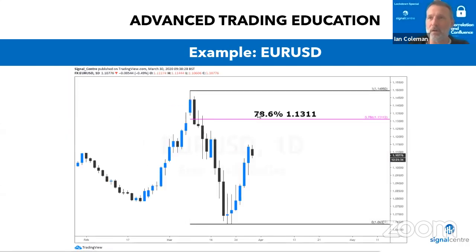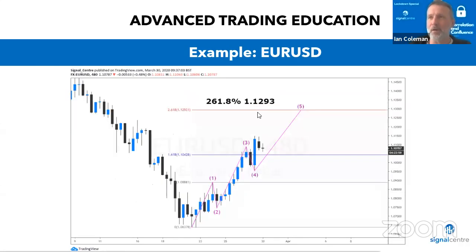Then we go to a fib pullback. So remember, I was talking before about cipher patterns. This isn't a cipher pattern, but it is a fib confluence area. A lot of traders look at a 78.6% pullback level. So 113.11. So already we're 18 points wide on this zone.